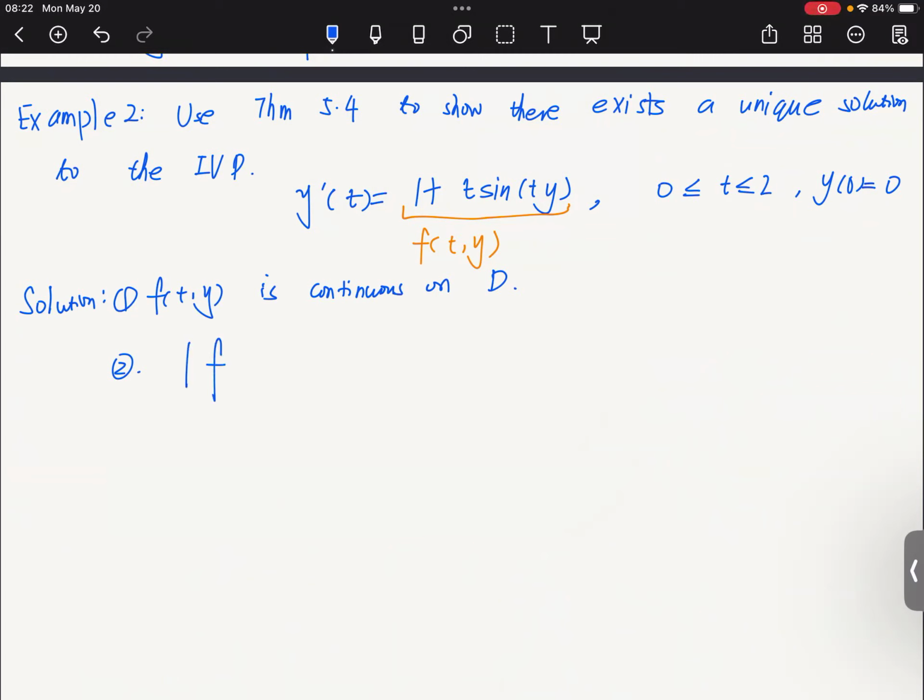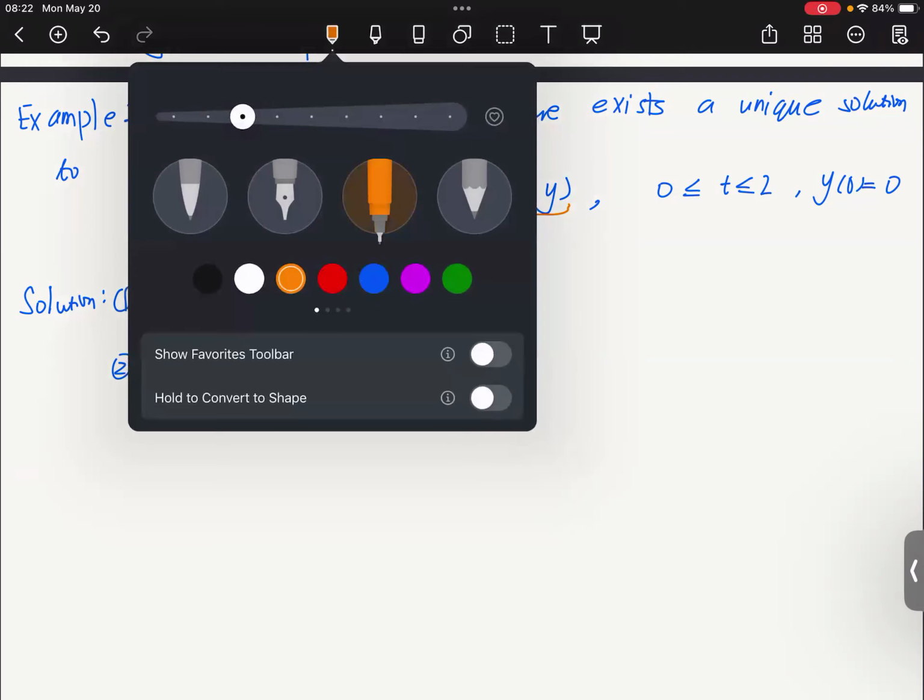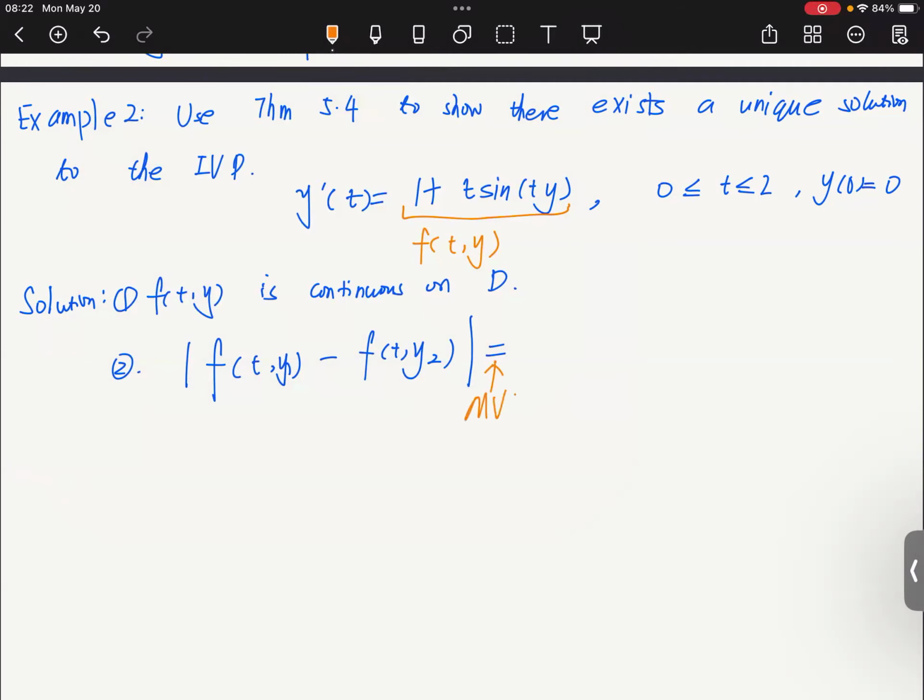So we do the subtraction here, f(t,y1) minus f(t,y2). Here we use something you are familiar with, the mean value theorem. Let's apply the mean value theorem to the variable y, and then we got this.